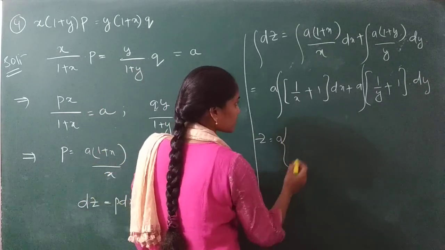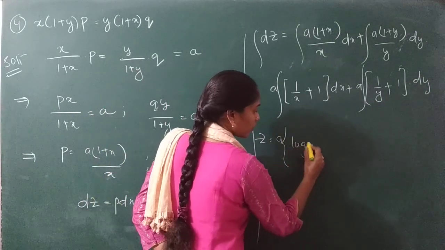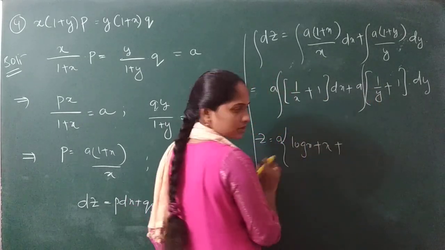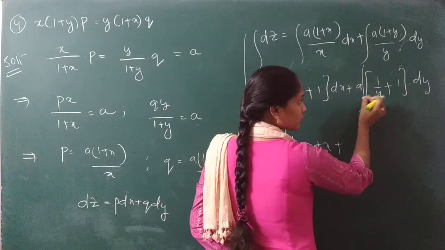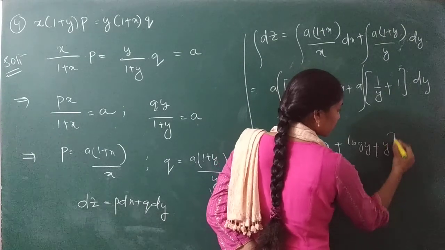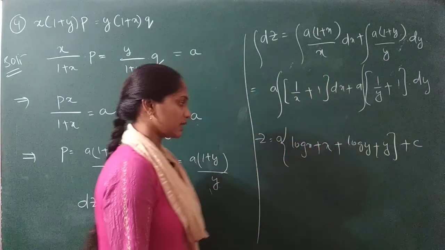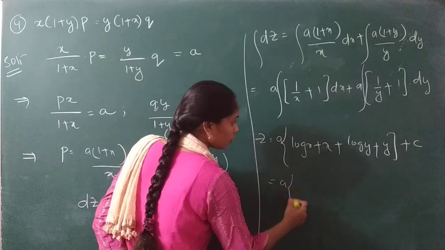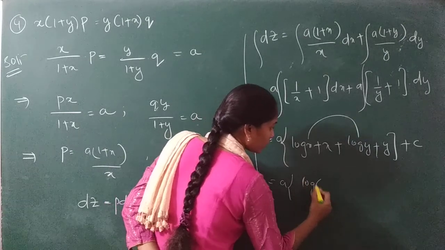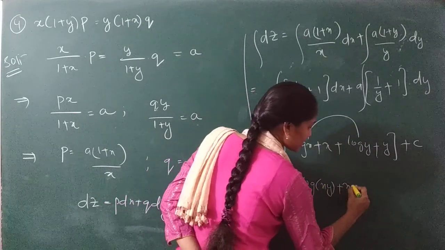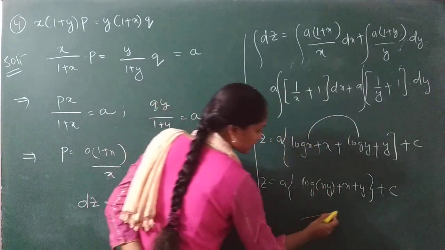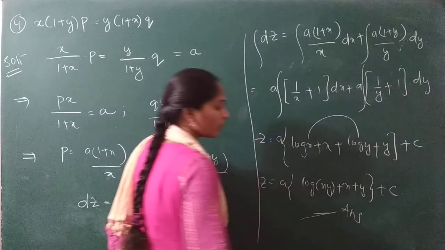So what happens here? Integration of 1 by x is log x, plus I am taking a as a constant here, integration of 1 by y into dy is log y, plus some c. So now here a into log a plus log b, these both terms, what is that? Log ab plus x plus y plus integral constant, z is equal to. So this is your required answer.